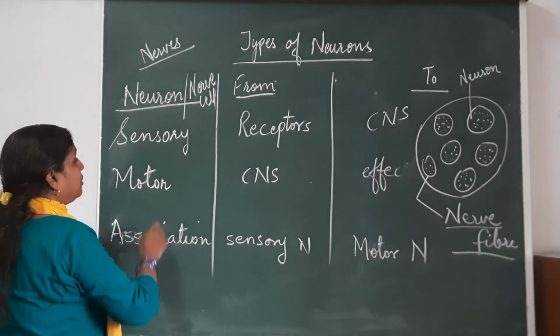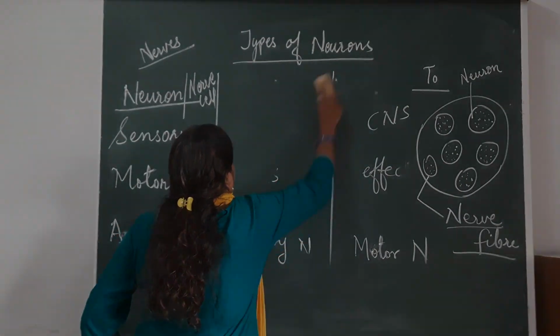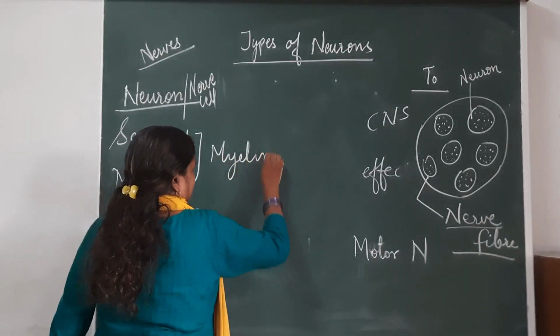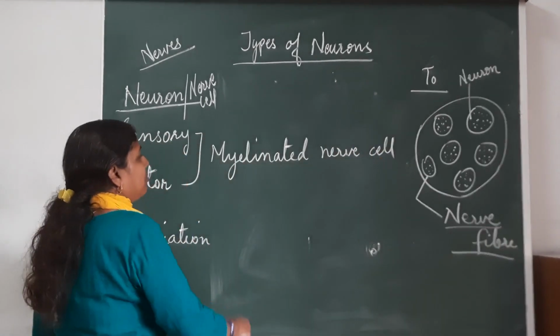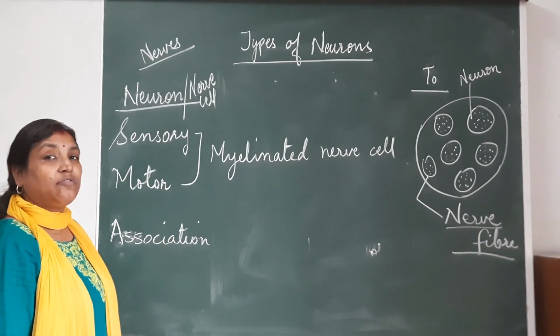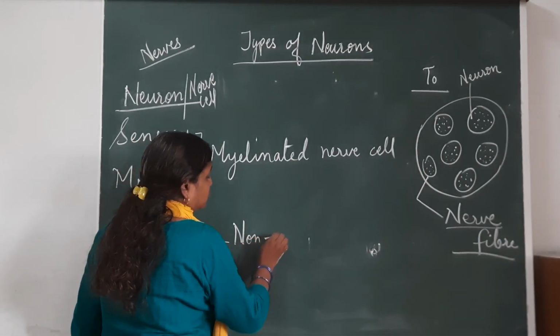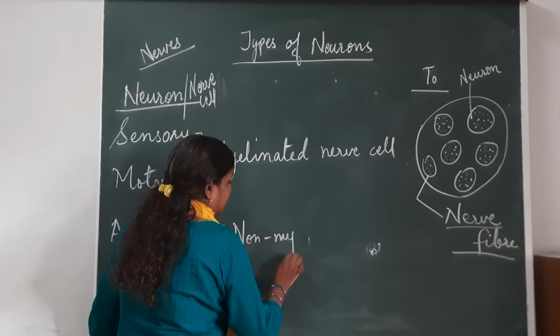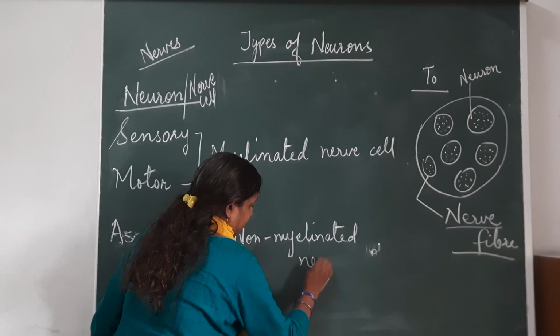So sensory and motor neurons both are myelinated nerve cells, meaning they have myelin sheaths around them, whereas association neurons do not have any myelin sheath, so they are known as non-myelinated.